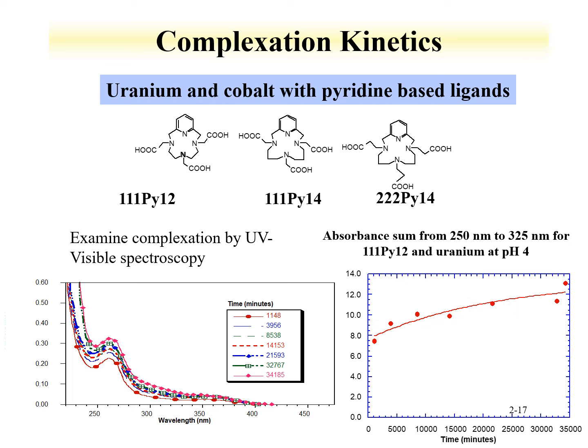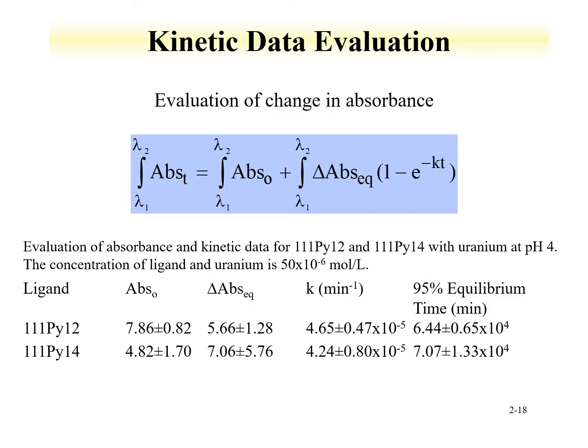We can use this to describe the increase, where basically the absorbance total between two wavelengths is equal to some initial amount plus some addition of the absorbance or some change towards equilibrium, and we're plotting this with a first order decay constant, a first order constant.